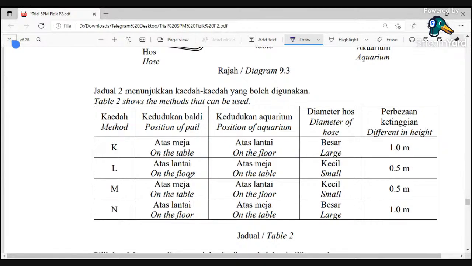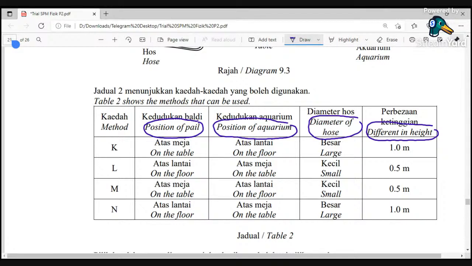Okay, K, L, M, N. So we have the position of the pail, the position of the aquarium, the diameter of the hose, and the difference in height.